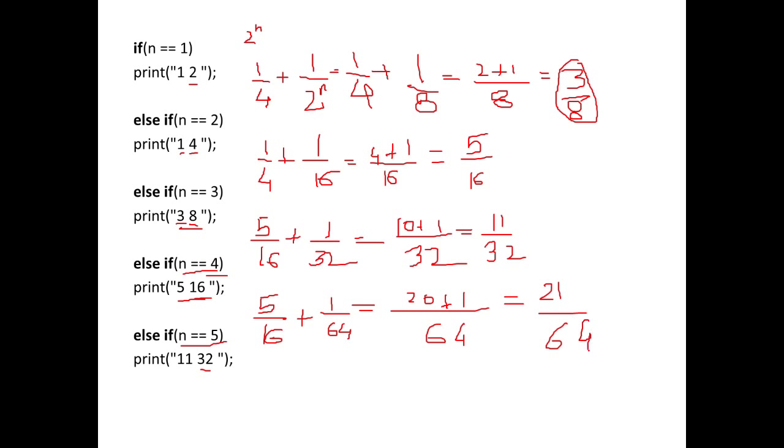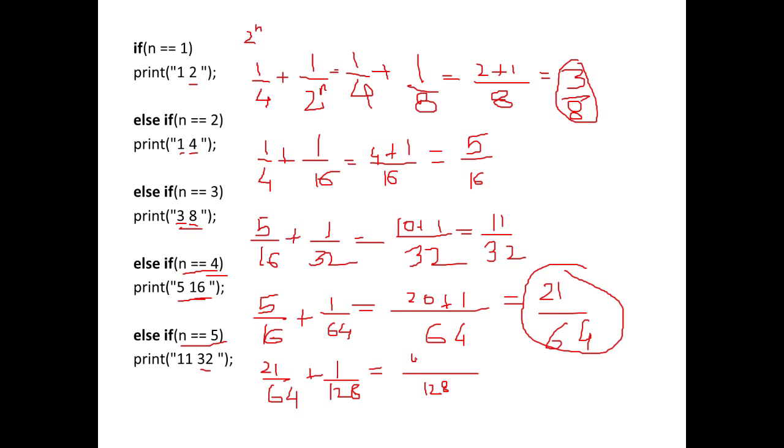And for n equal to 7, we'll be taking the value of n equal to 6, that is 21 by 64, 21 upon 64 plus 1 upon 2 to the power n, that is 128, and the LCM will be 128.